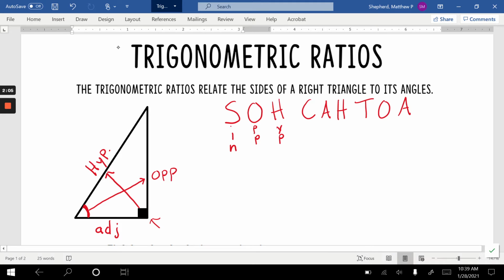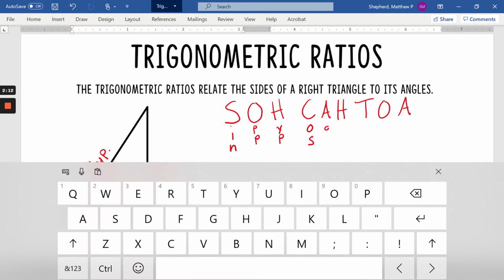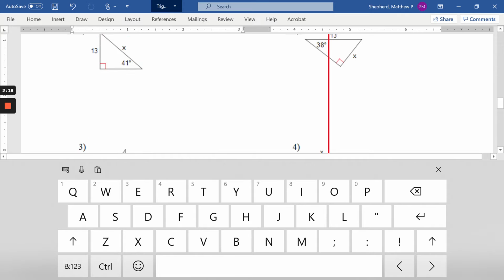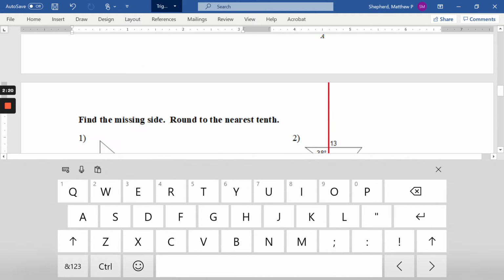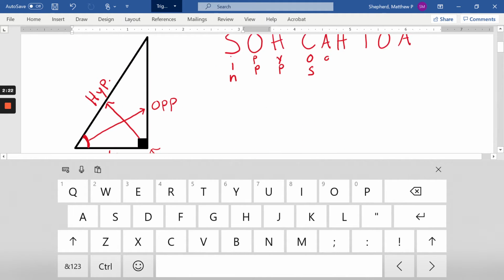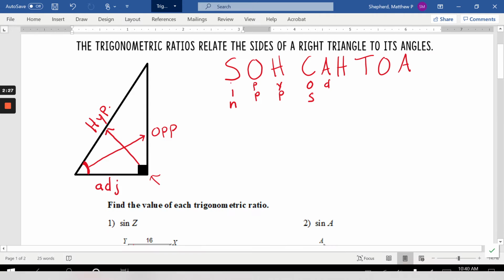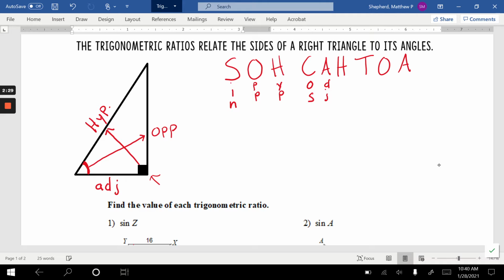If you are trying to find the cosine of an angle, it should give you the adjacent over the hypotenuse.